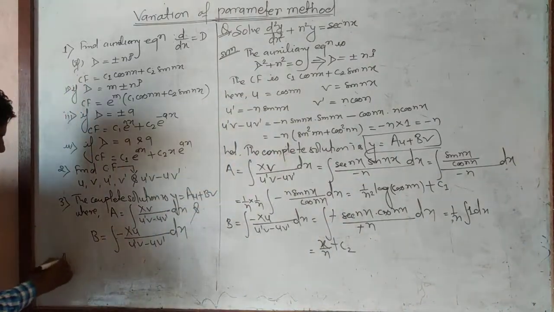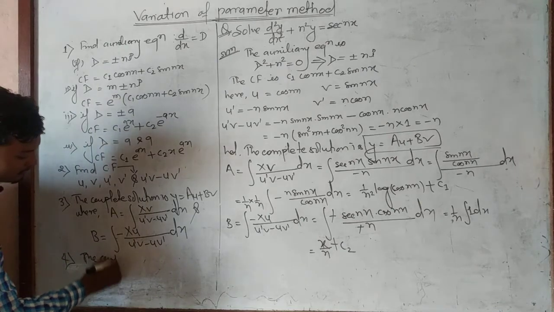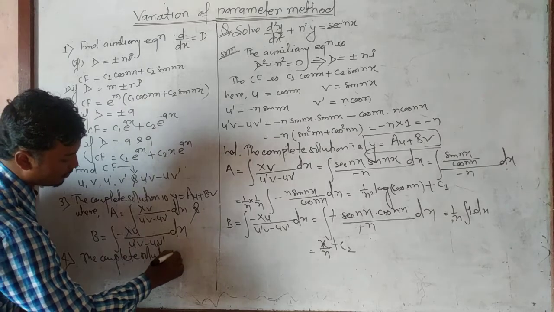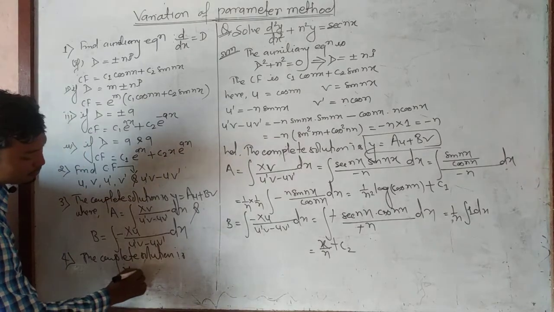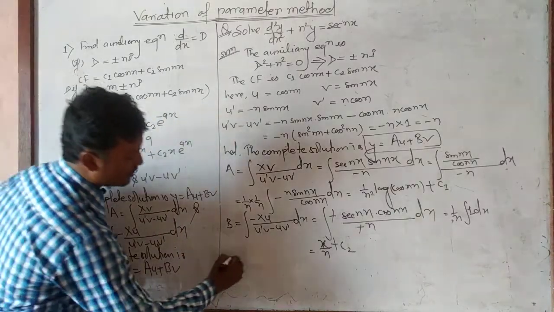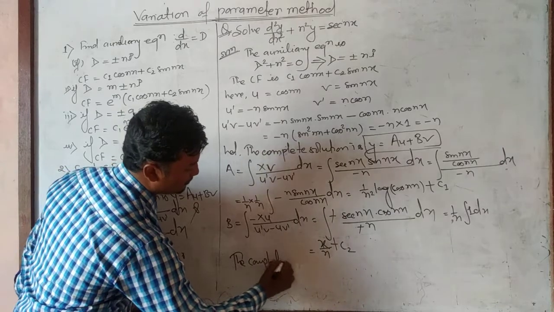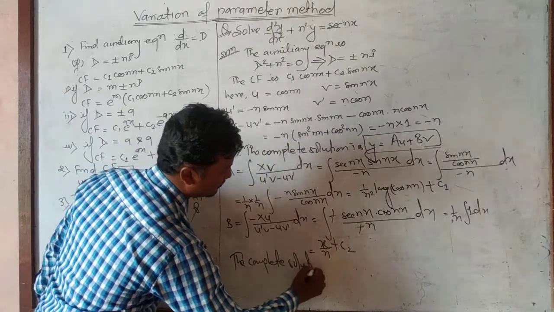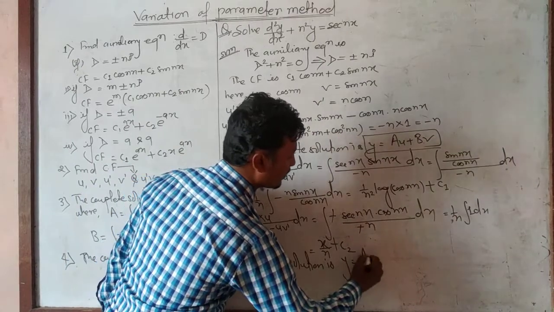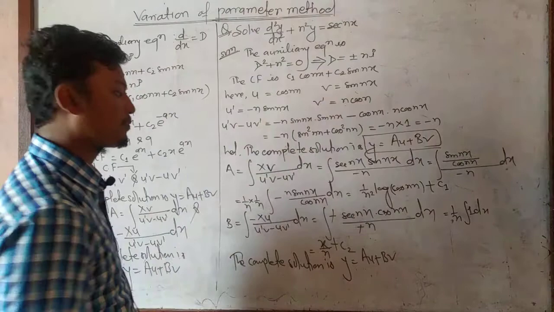So now we can see the complete solution is y is equal to au plus bv. Put the respective values at the respective places.